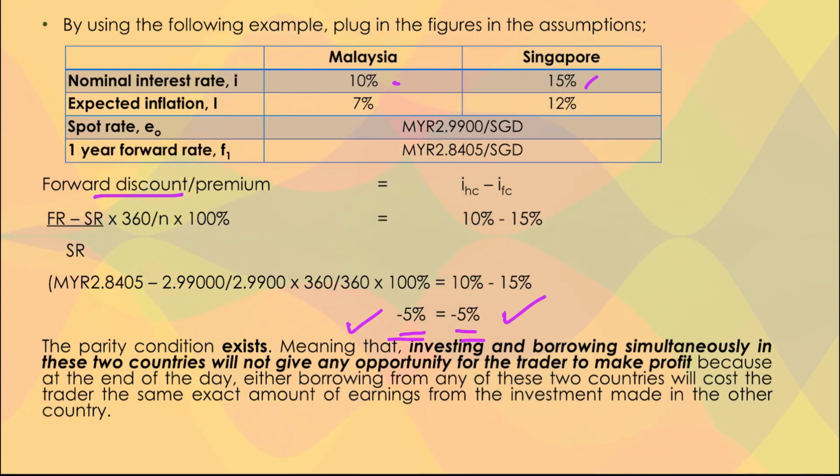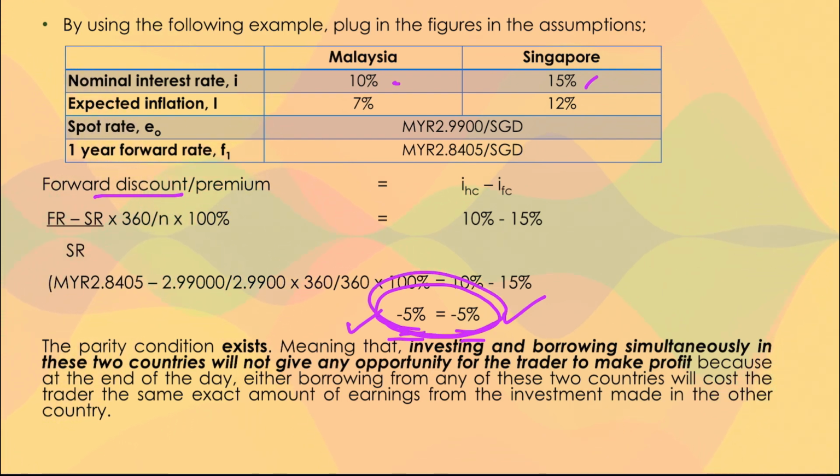What does it mean? Investing and borrowing simultaneously in these two countries will not give any opportunity for the trader to make profit, since these two rates are equal.